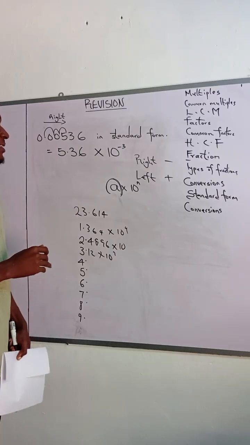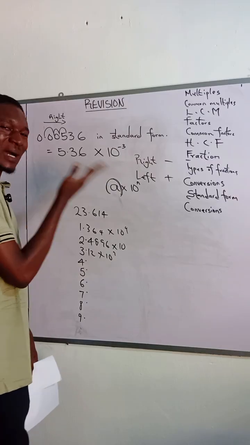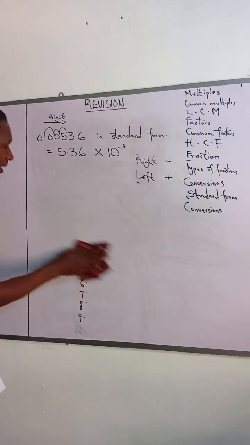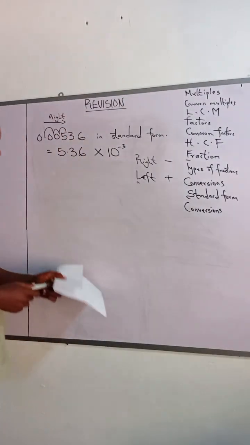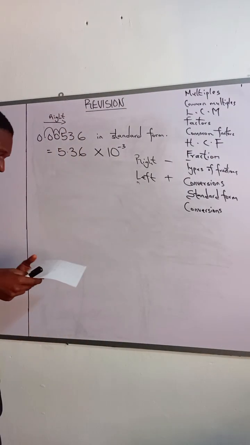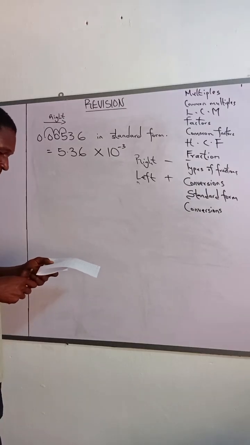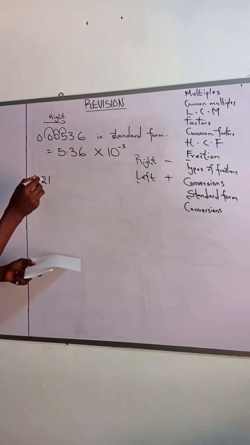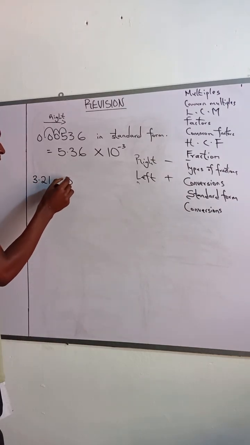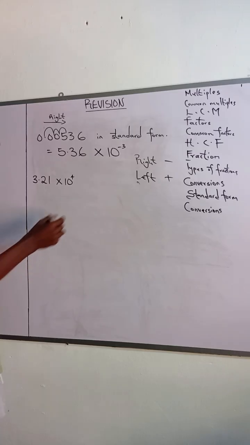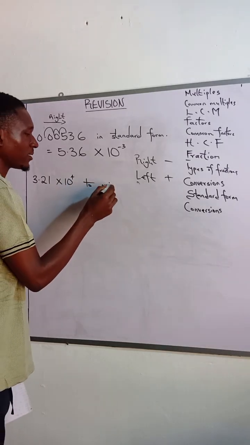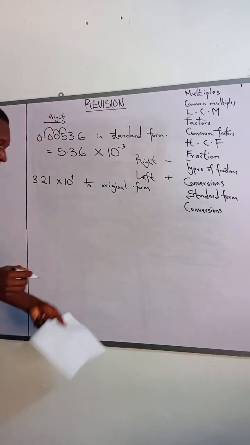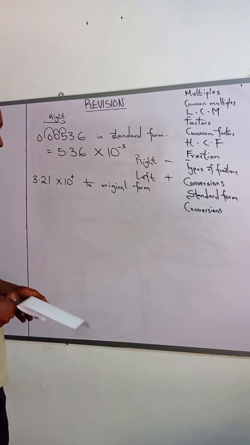Now the next thing we'll talk about is how to convert from standard form back to its original form. So let's say we have 3.21 multiplied by 10 raised to the power of 4, and you have to convert this to its original form. What do you do?